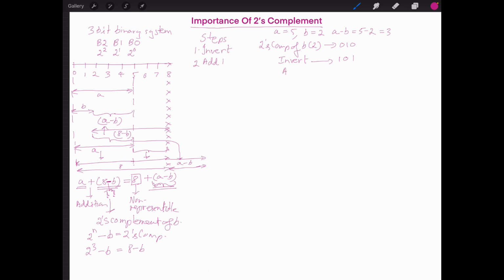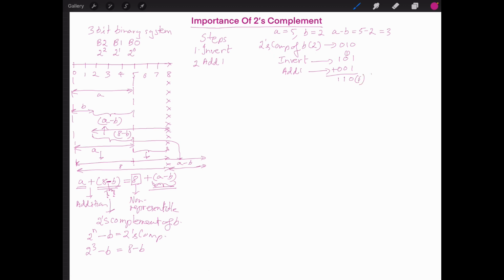Step 2 would involve adding 1 to it, say plus 0, 0, 1. 1 plus 1 is 1, 0, so 0 here and a carry here. 1 added with all the zeros here would be 1 here, and 1 plus 0 is 1. So this gives us 6.